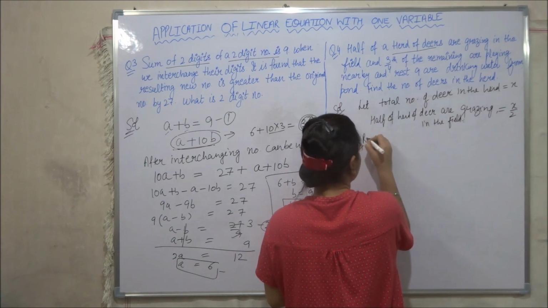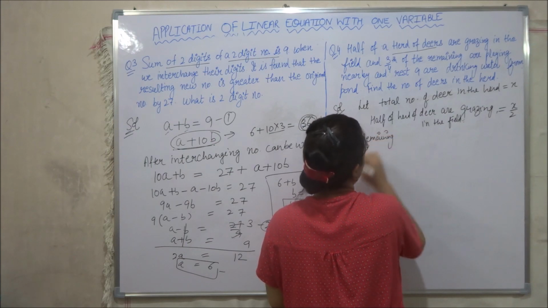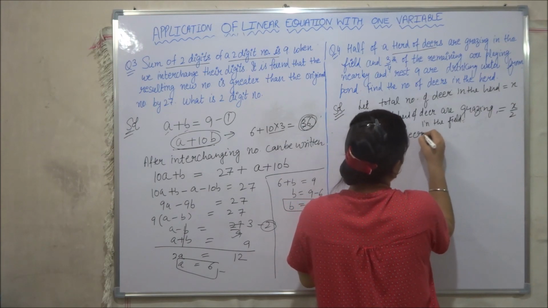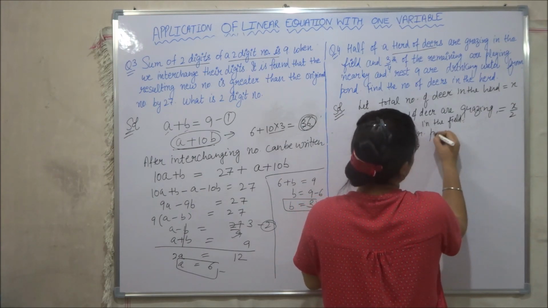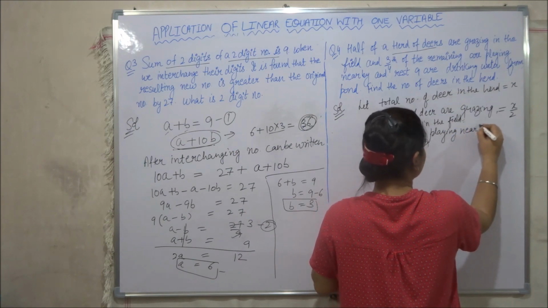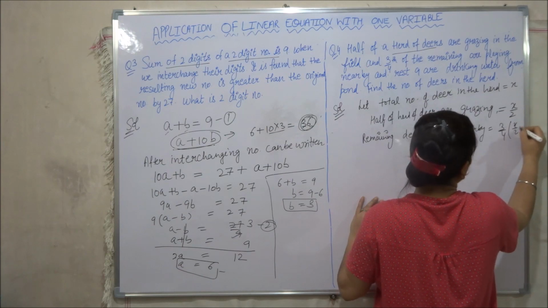Now remaining deers playing nearby, that is 3/4 of x by 2.